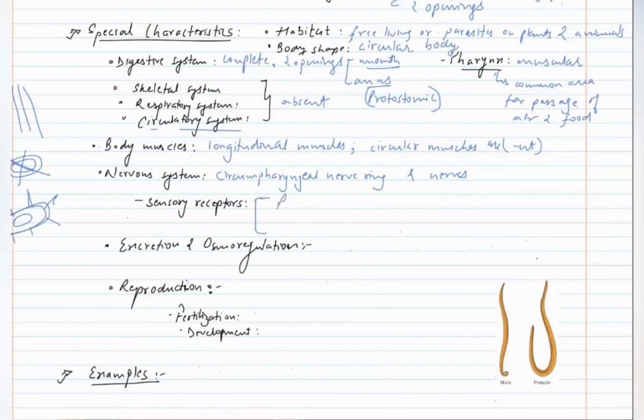They have 3 types of sensory receptors, namely papillae, amphids and phasmids. Papillae are present for touch, and amphids and phasmids are basically chemoreceptors.